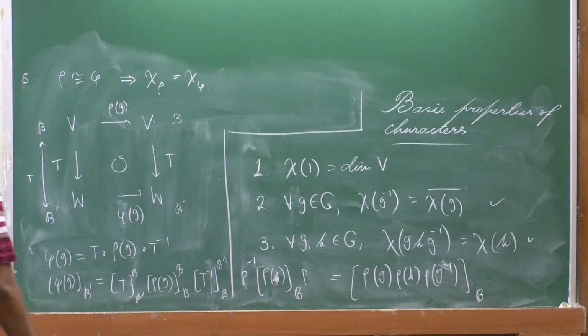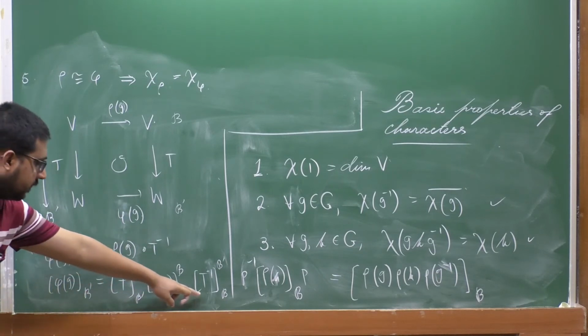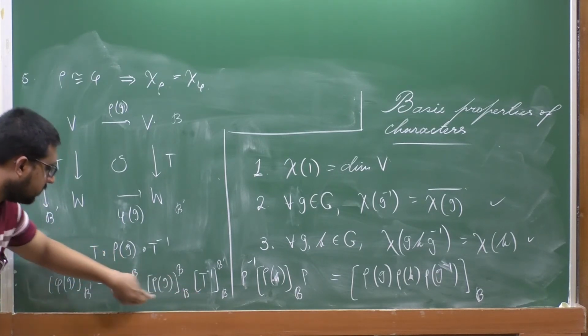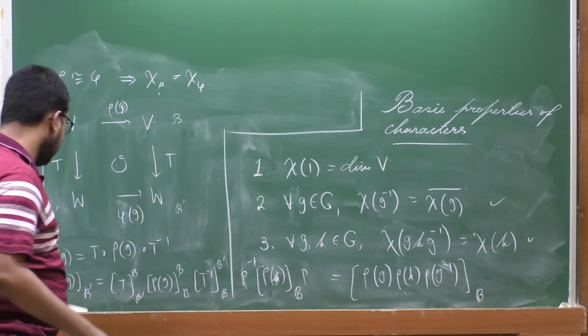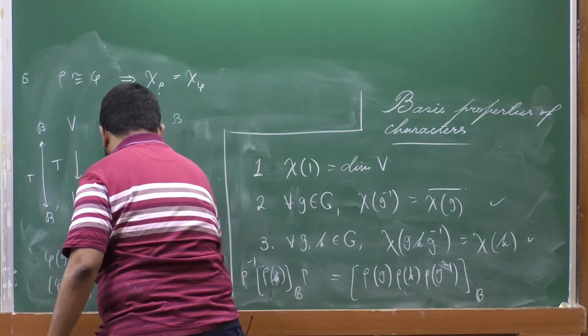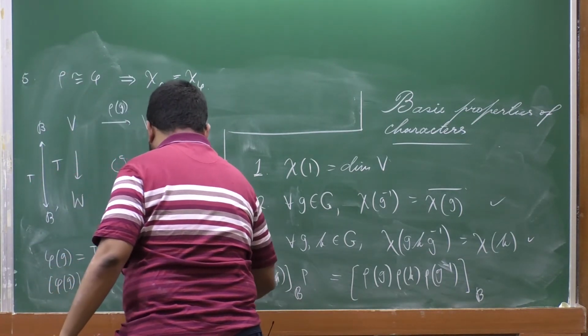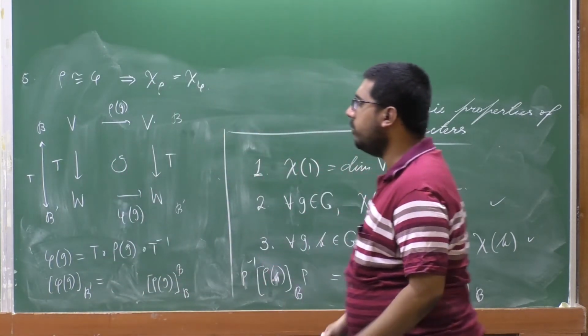Now, since B prime is the image of B under T, both these matrices are certainly going to be identity. So this is what we obtain, and that immediately shows their characters are going to be the same.